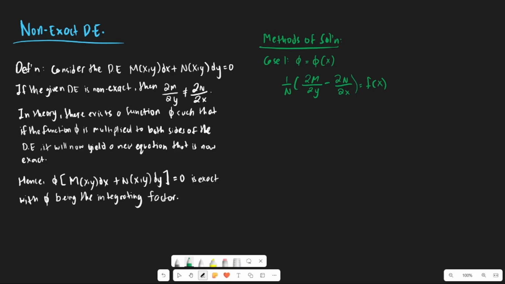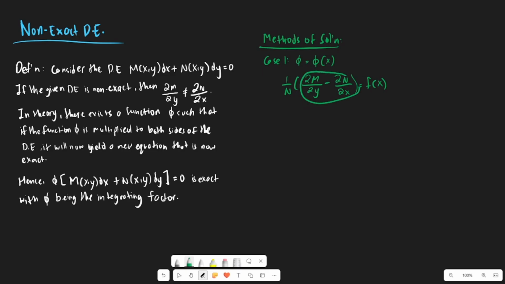In the first case, the partial of M with respect to y and the partial of N with respect to x are expressions that we already know from checking for exactness.